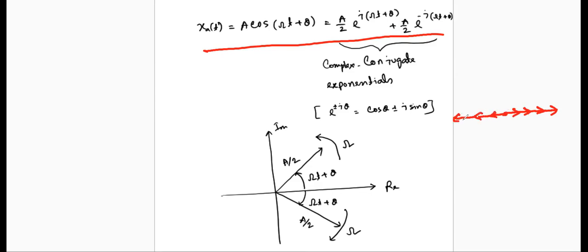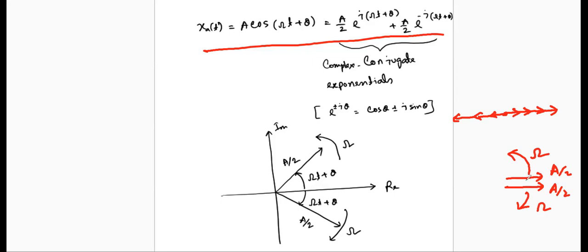If you recall the magnetic field's reaction in a single phase induction motor, you can find this kind of thing. And these facts can also be represented in a way that there are two rotating magnetic fields with the amplitude A by 2 and A by 2, and they rotate in the anti-clockwise and the clockwise direction with the same speed omega, or the same frequency. And that can be represented like this.